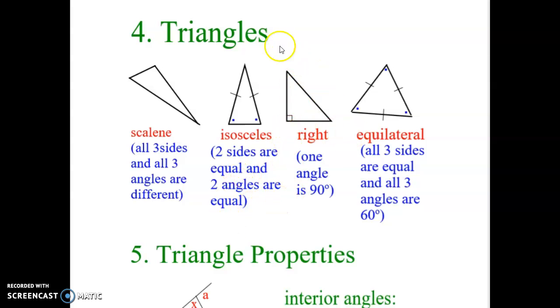A right triangle has an angle of 90 degrees in it. An equilateral triangle has 3 sides that are all the same in length and 3 angles that are all the same. And since we only have 180 degrees, these angles must be 60 degrees each.